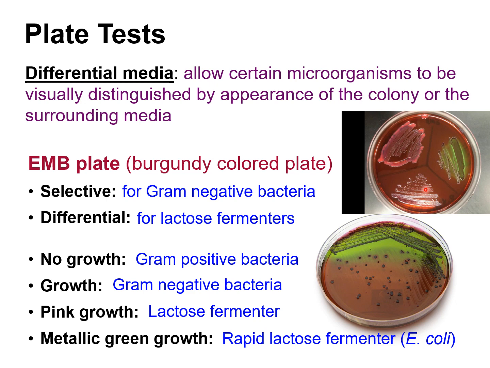Because if it was capable of fermenting lactose, you would see either the pink color or the metallic green. If you don't see either color, then it's a gram negative that doesn't have the capability of fermenting lactose.